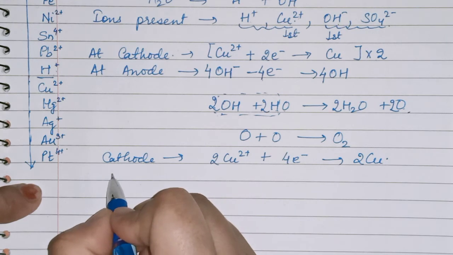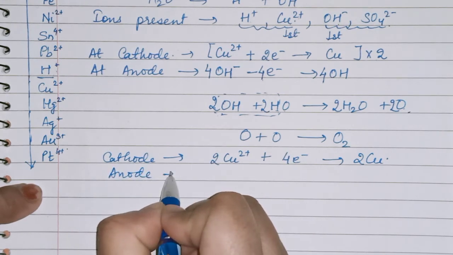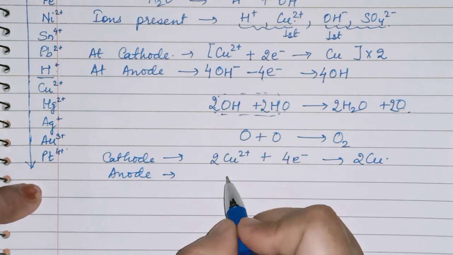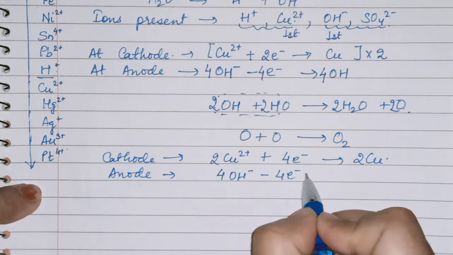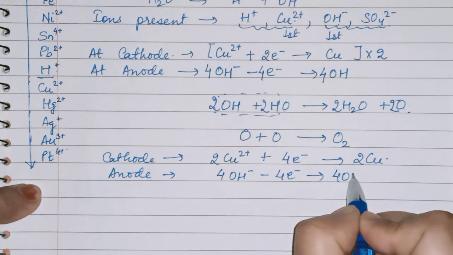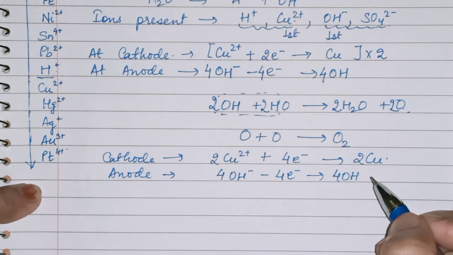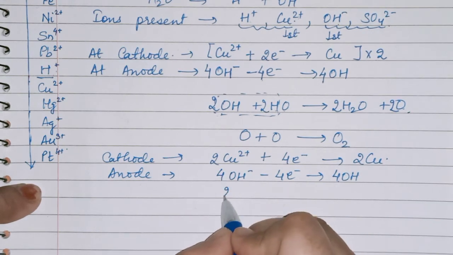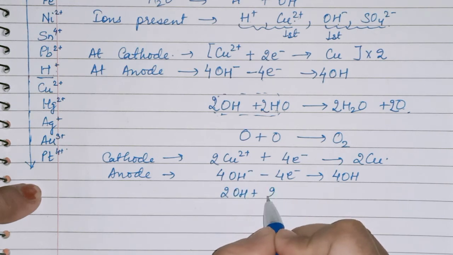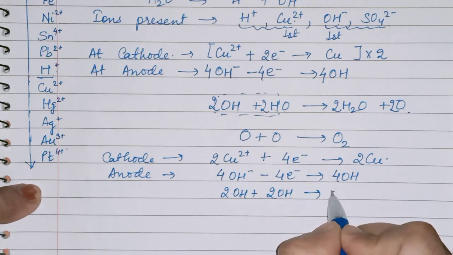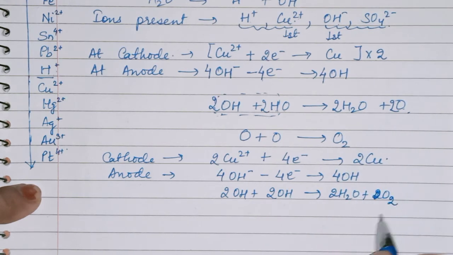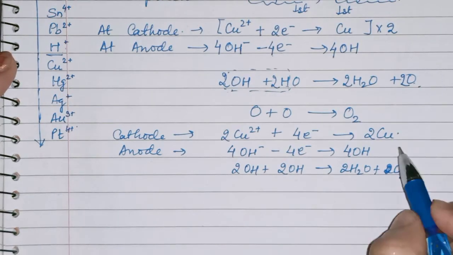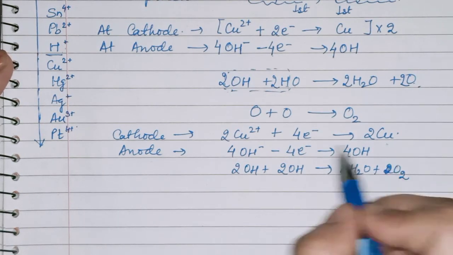Or at anode you can write 4 OH minus minus 4 electrons gives 4 OH. And then you will write 2 OH plus 2 OH gives 2 H2O plus 2O, or you can write O2.